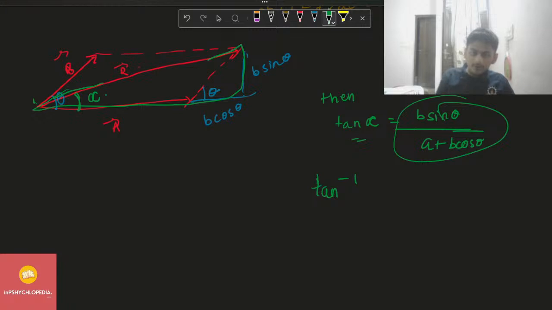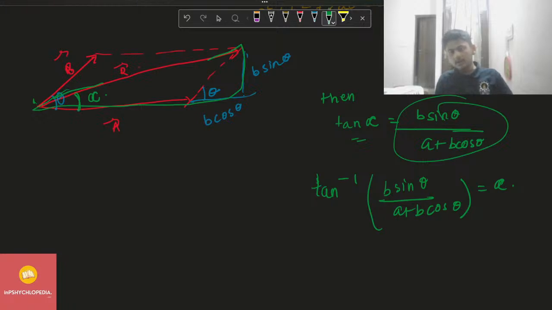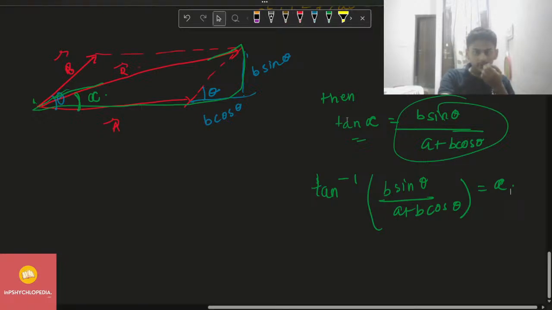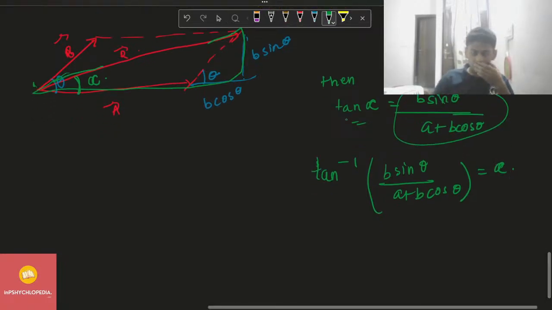Okay, so tan inverse of b sin theta upon a plus b cos theta is equal to alpha, right? So this is how we find out the answer for these things. So as expected, I don't have anyone in my chat right now, but that's all. So this is the thing.